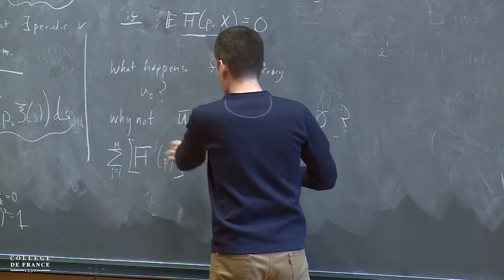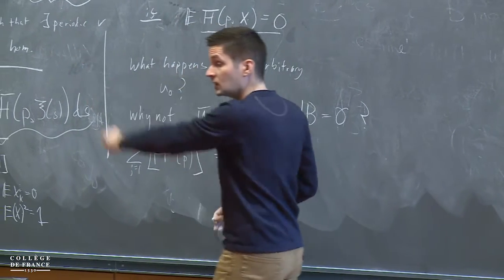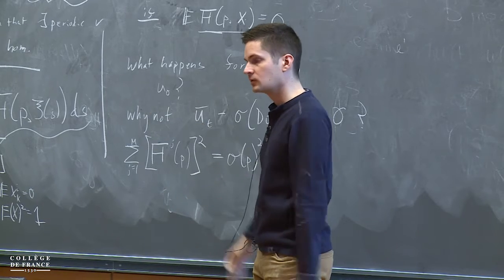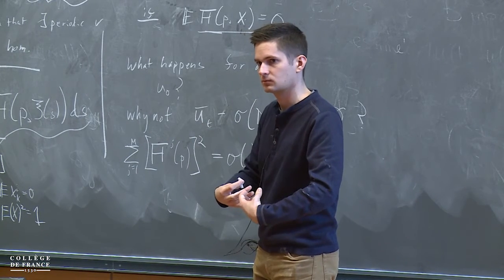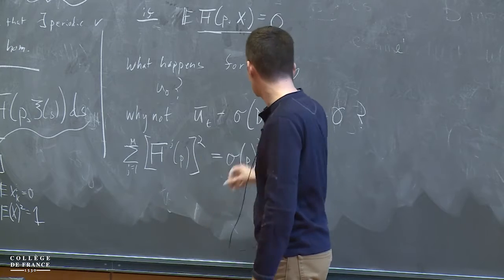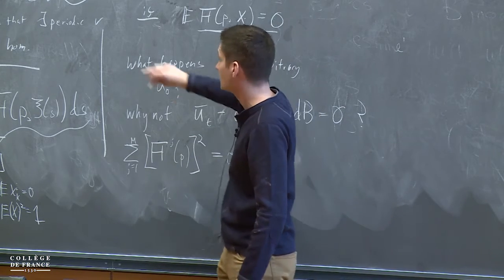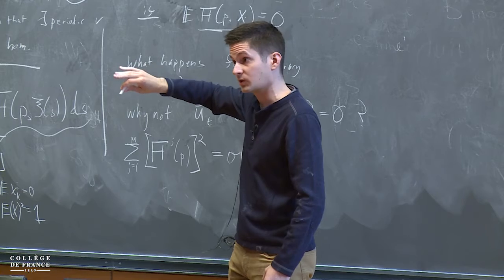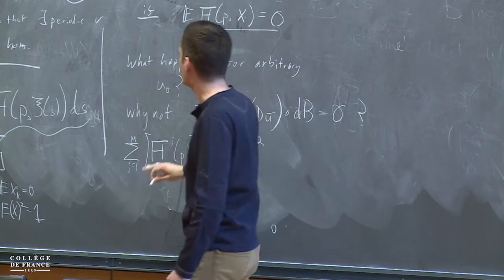And so what this implies is that if I have a solution of this equation and a solution of that equation with affine initial data, the laws of the solution should be the same. But it will turn out that even if this holds, the law of this solution and the law of that solution for arbitrary initial data will not be the same in general.